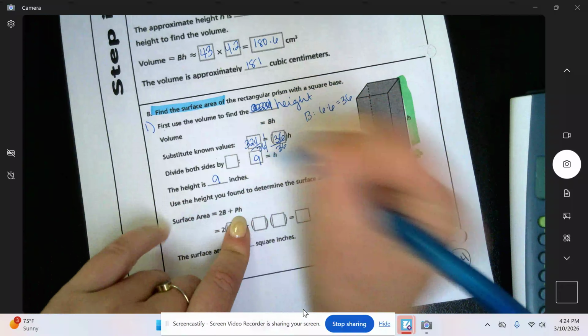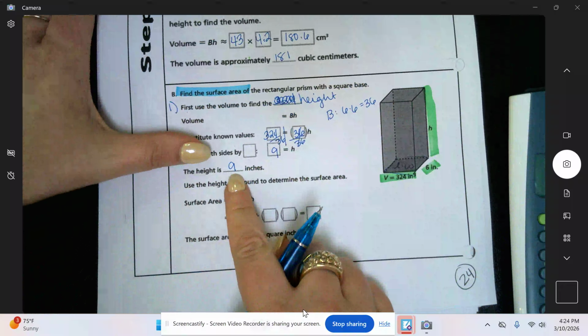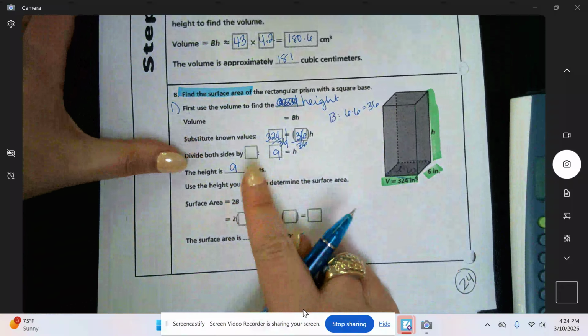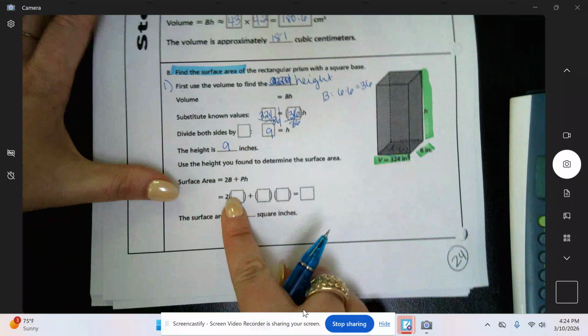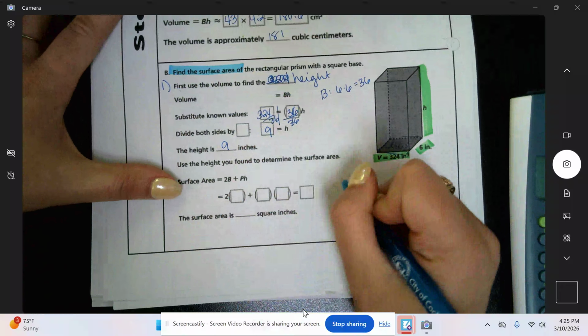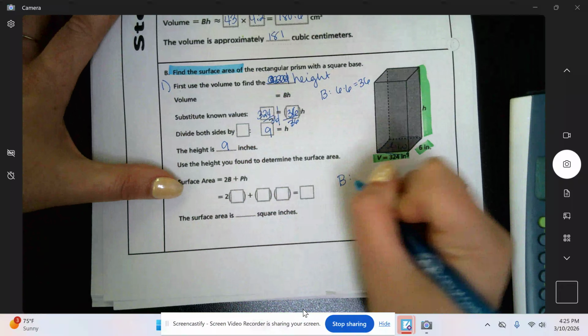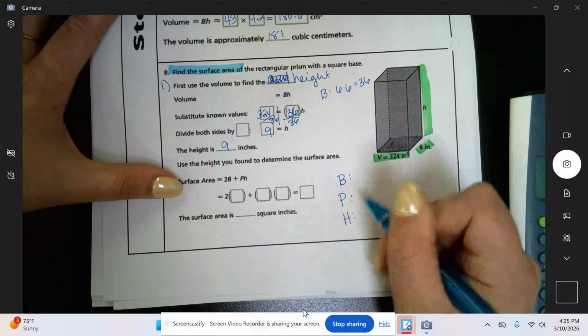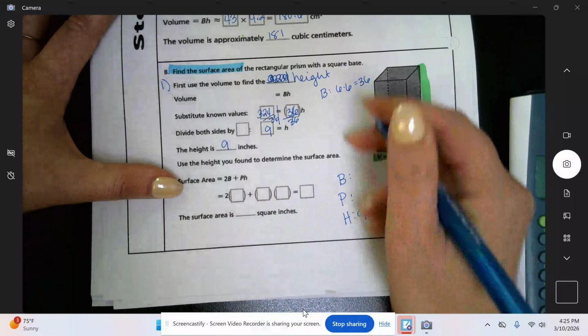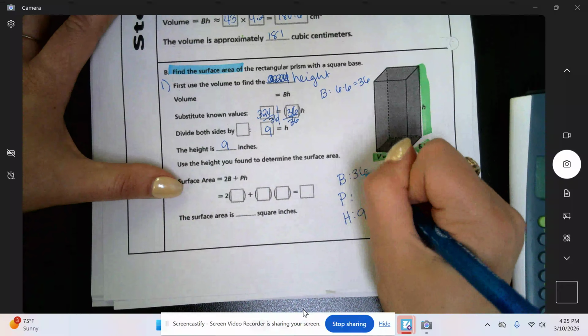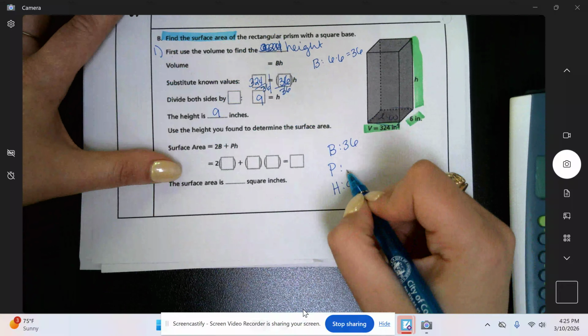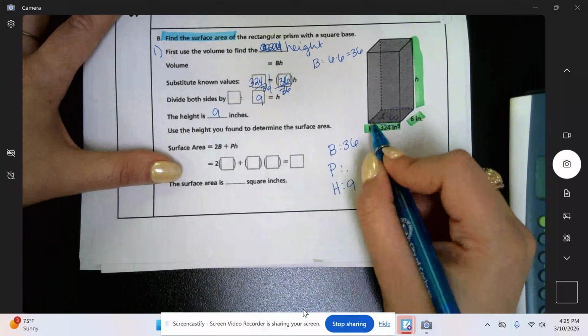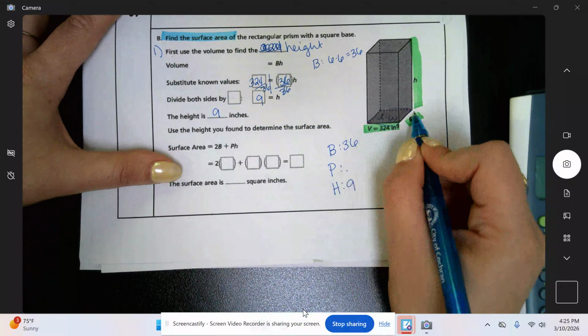So now that I know that my height is 9, I can now start to plug things into my surface area formula. Because remember, with surface area, I need a B, area of the base, perimeter of the base, and the height. Well, now that I know the height is 9, I knew that the base was 36. Now I just need to plug in the perimeter, which is easy to find because I just walk the perimeter of the shape.